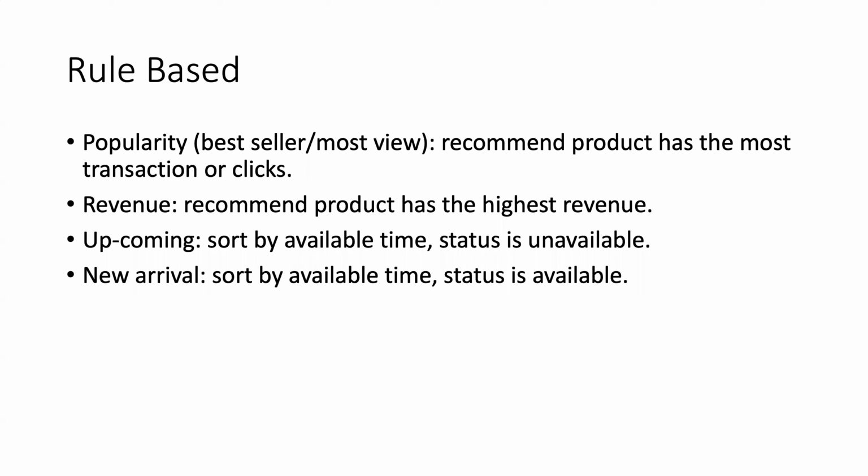Those recommend products based on transactions or clicks, which means they have been clicked or purchased the most. So they are the most popular products. I recommend them to you because other people like them, so probably you also like them, right?